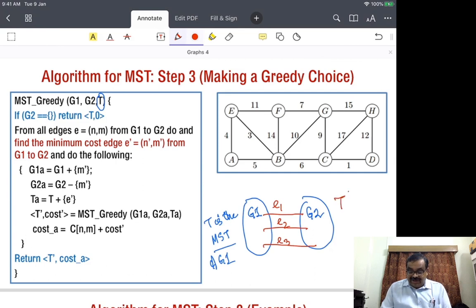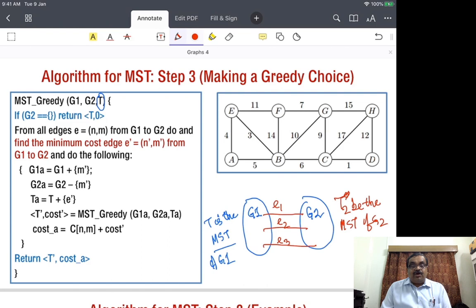Let T2 be the MST of G2. T2, which is the MST of G2, will connect all the nodes of G2. Therefore, the MST of G1 and G2 will be T connected with T2 by some edge. Which edge will I connect from all the possible edges?